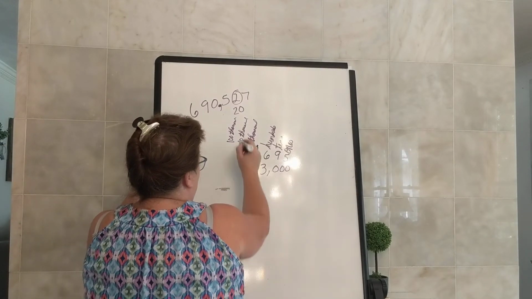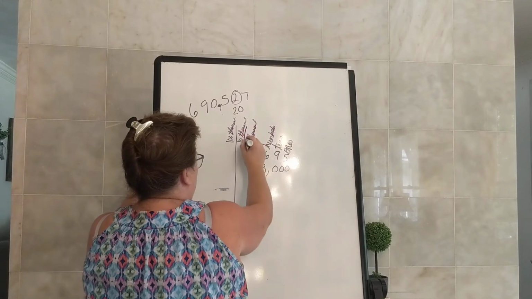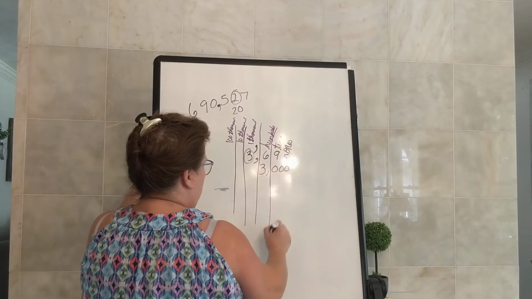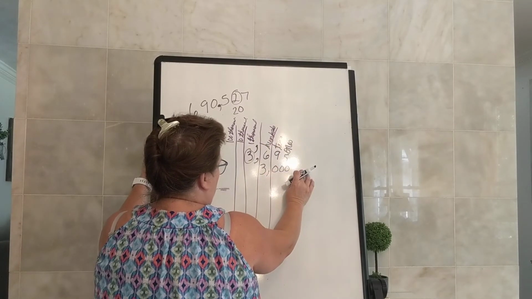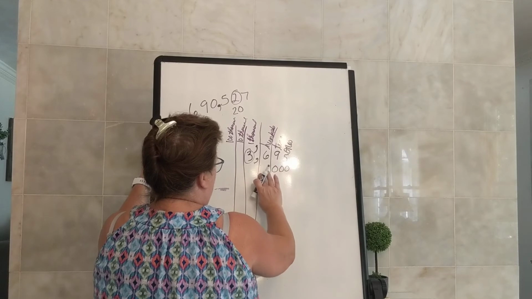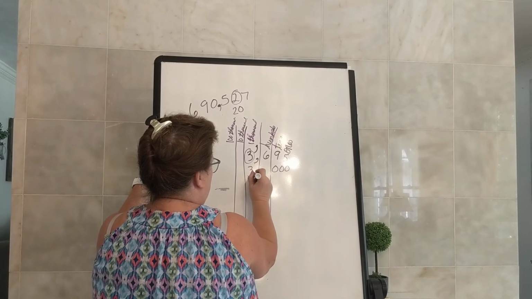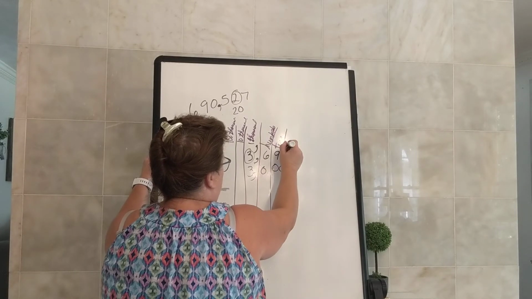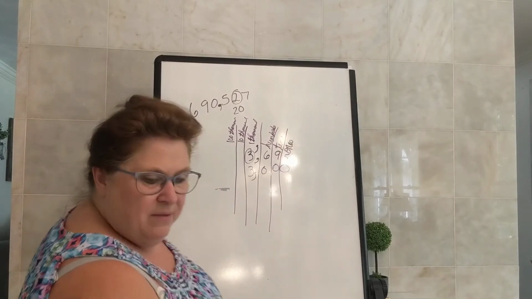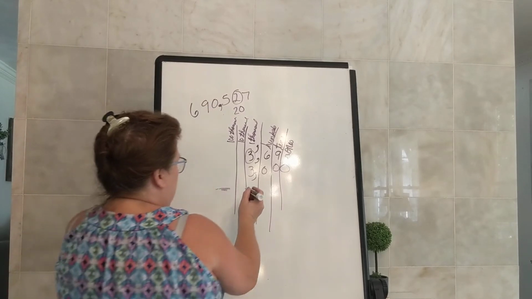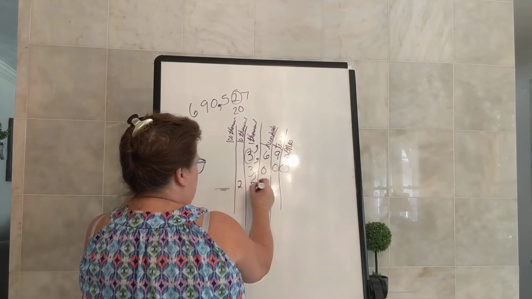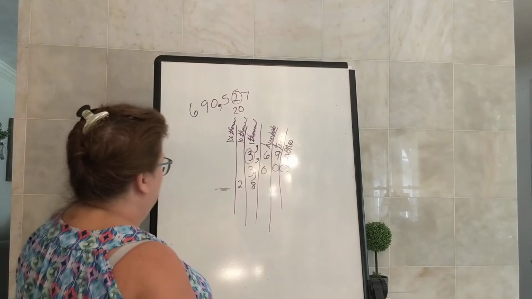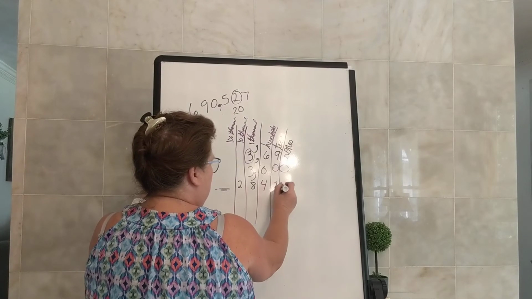Okay? Next we have 2840. So let me make some lines here. That didn't make any sense. What did I say we have? I'm sorry guys. 28420.